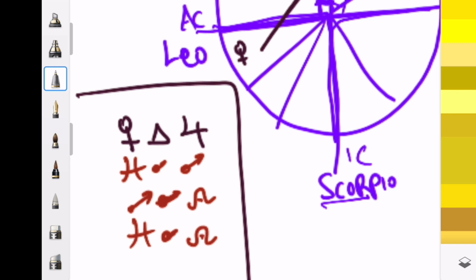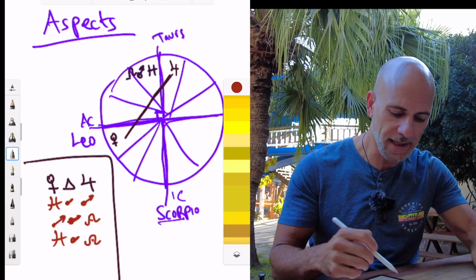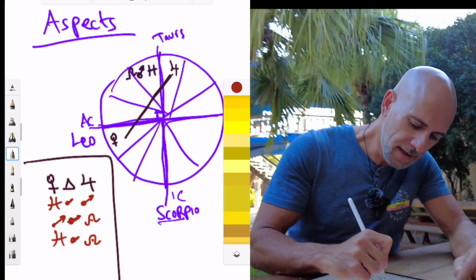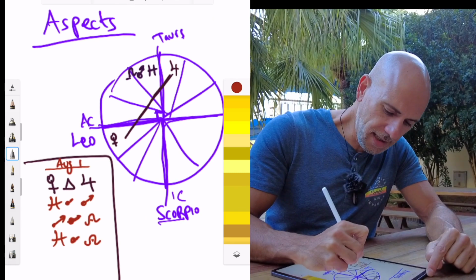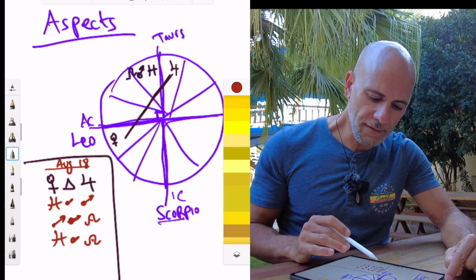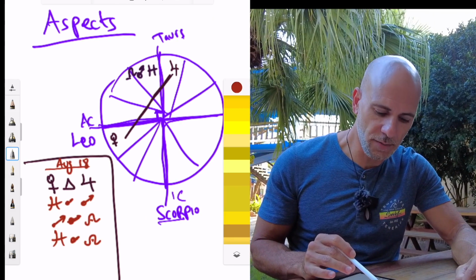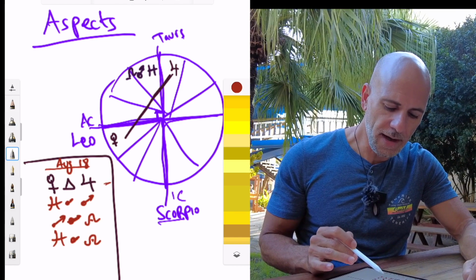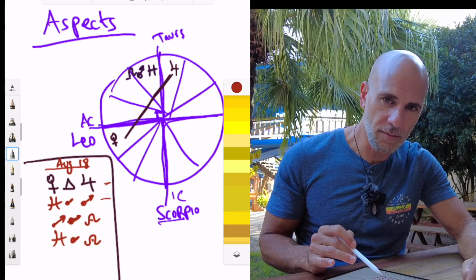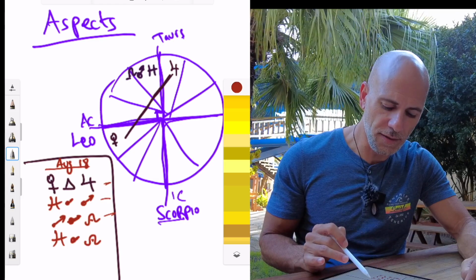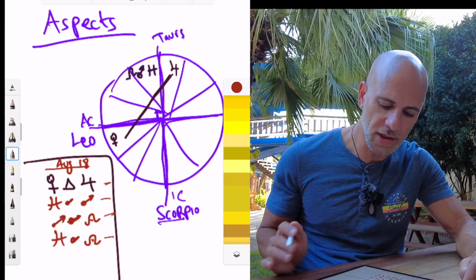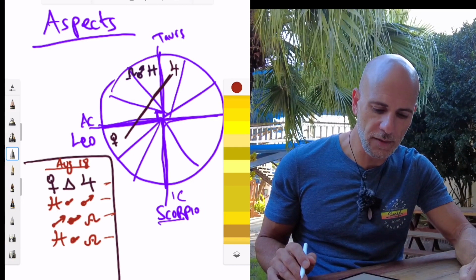So here, at the same time, we can read what is happening on this day, which in this case is August 18th. We have Venus trining Jupiter. We have Uranus conjunction with Mars. We have Mars conjunction with the North Node. We have Uranus conjunction with the North Node.